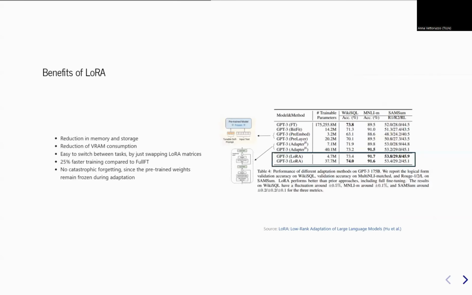Cool. What are the benefits of LoRA? Well, for sure, we have a reduction in memory and storage. This is because, of course, we update only these very small matrices, and these are the only matrices that we actually need to store in memory. We also have a reduction of VRAM GPU consumption. It is very easy also to switch between tasks because you have a single pre-trained model, right, that is maybe stored somewhere on the cloud or on some platform like Hugging Face that you can easily download.